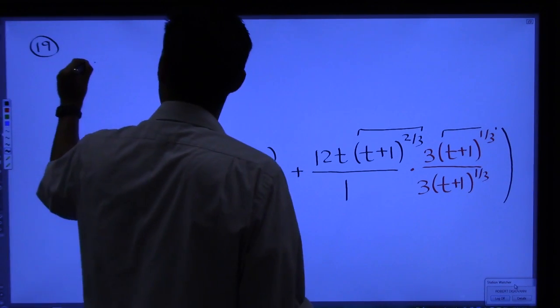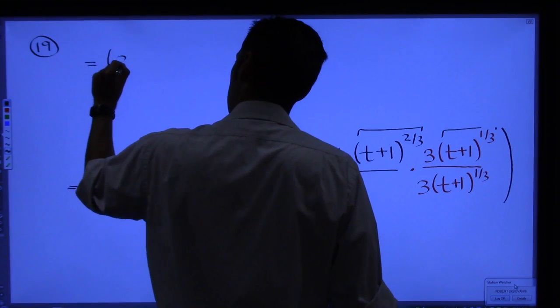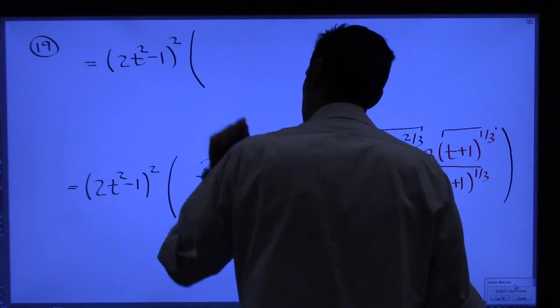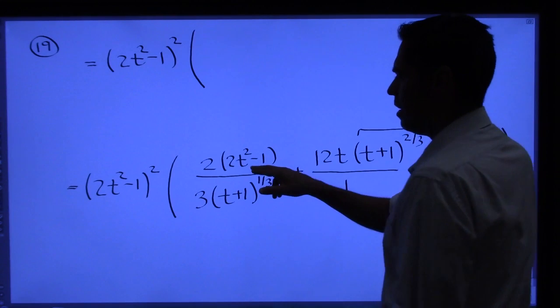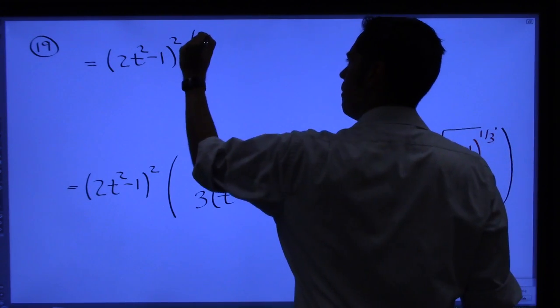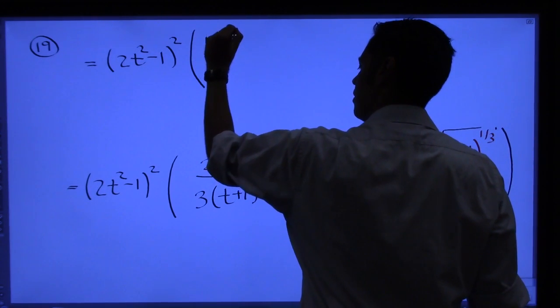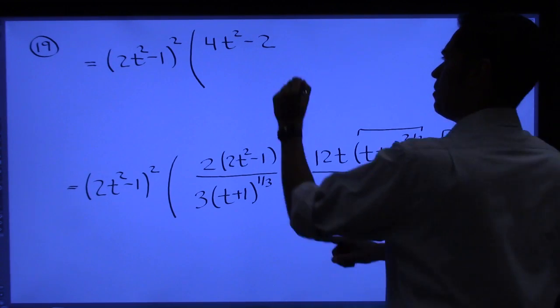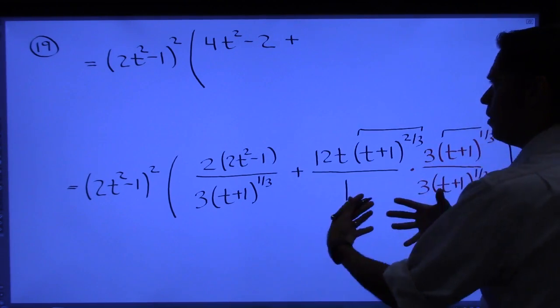So that equals, I'm just going to rewrite everything, (2t squared minus 1) squared times, now this right here, I'm going to distribute that through. That's going to become 4t squared minus 2, and then plus, because I'm going to have all one denominator, I'm going to put these together.